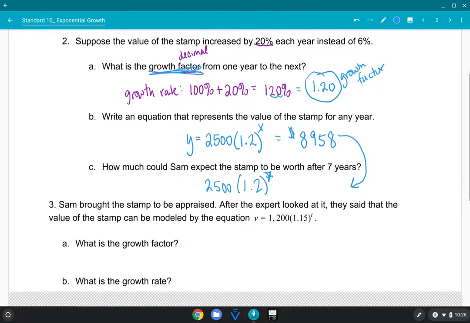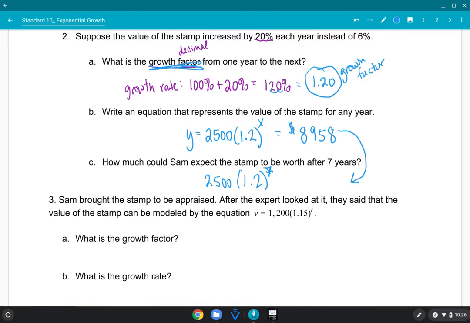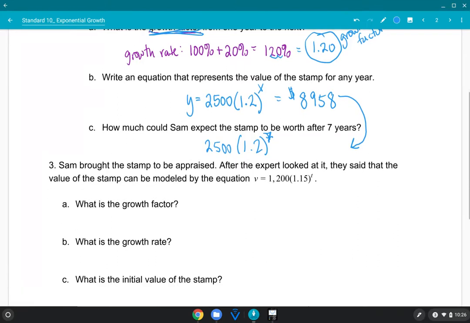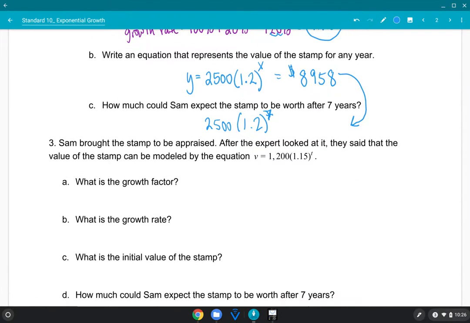Now, Sam was like, Auntie, I think that you're a little cray. This sounds ridiculous. A stamp, a tiny piece of paper, is worth $2,500? Don't think so. So he brought it in to be appraised. After the expert looked at it, they said that the value of the stamp can be modeled by this equation. What is the growth factor?